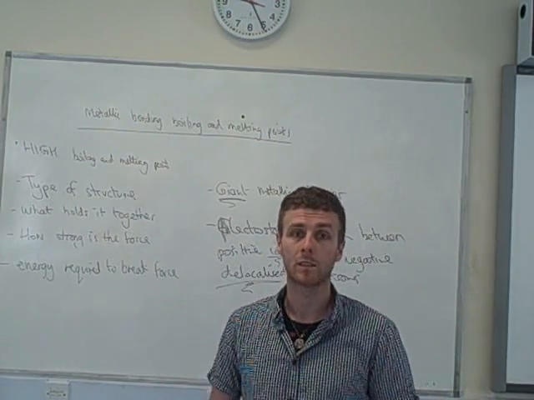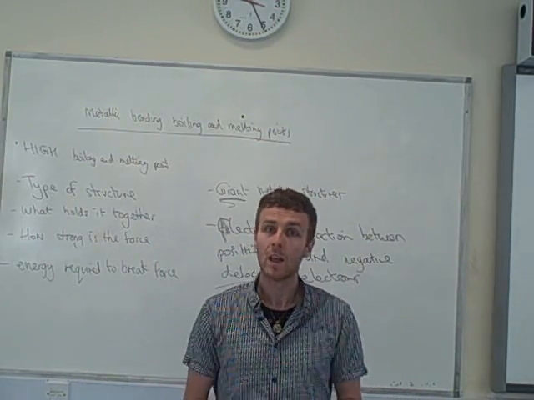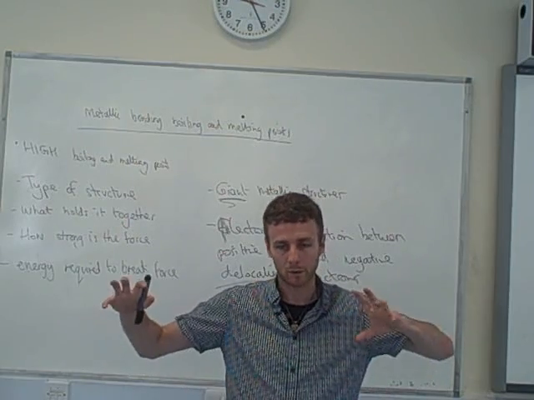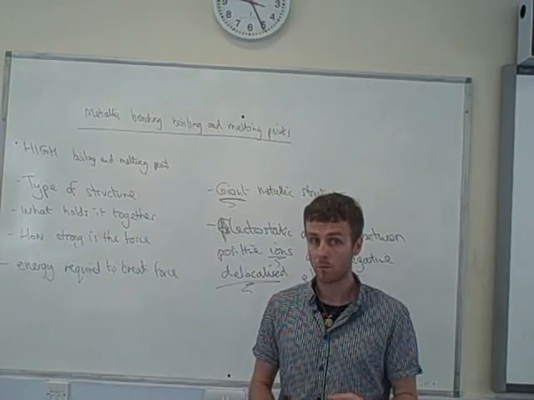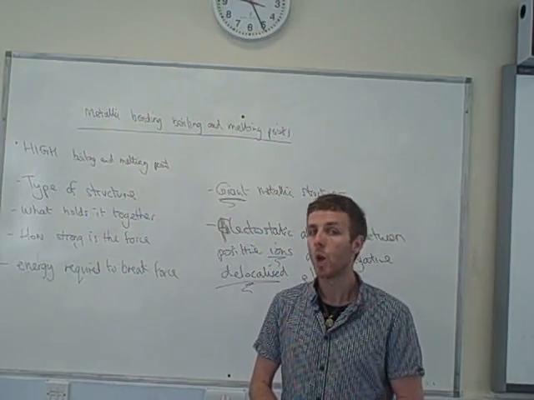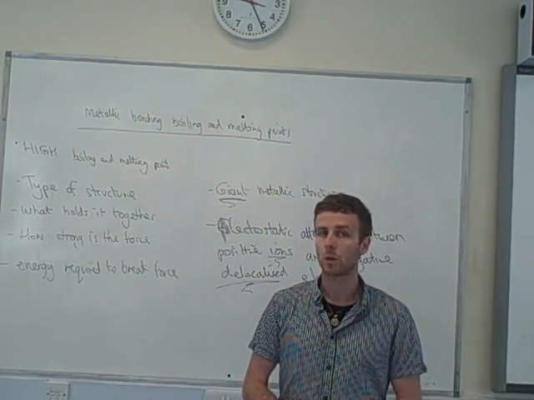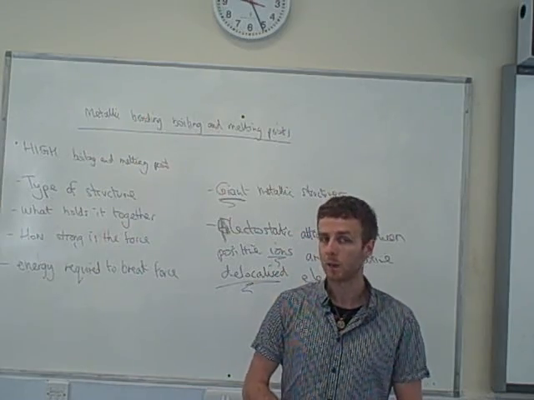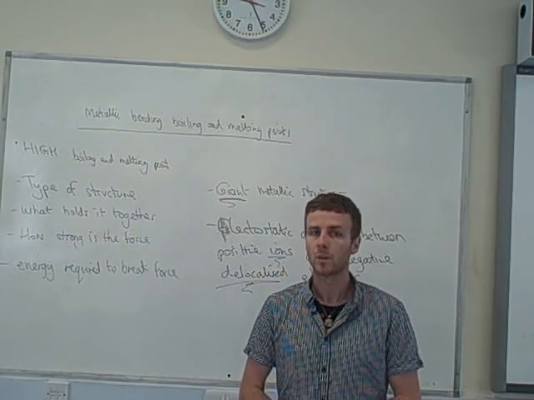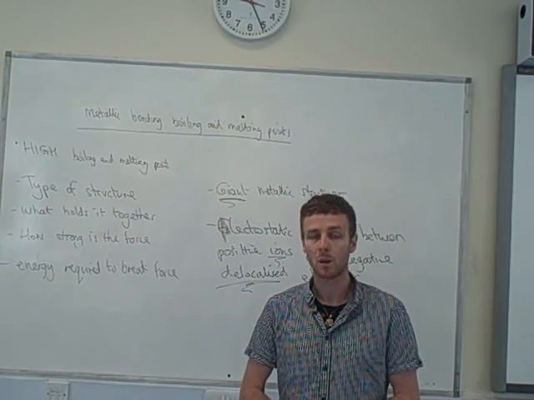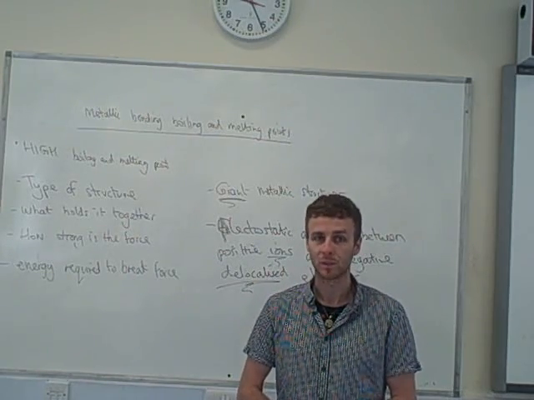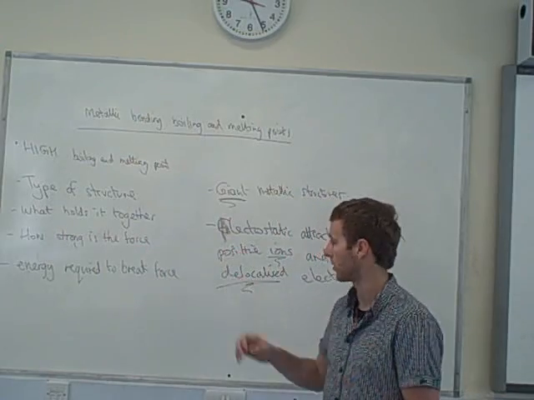If I delocalized maybe 2 or 3 electrons, then that's a lot more. So as you go across the period, metals delocalize more electrons, which is also why the boiling and melting point of metals increases. So aluminium has a much higher boiling point than magnesium. Magnesium has a much higher boiling point than sodium, because that's as you go across.